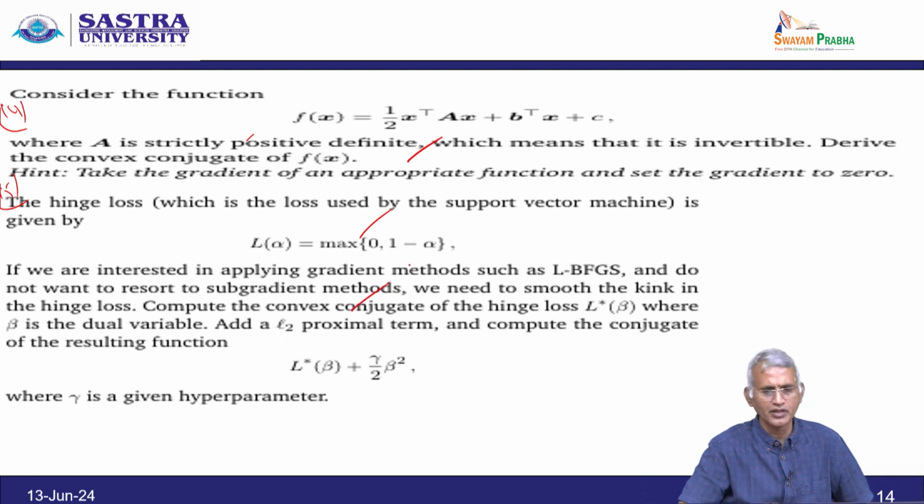Compute the convex conjugate of the hinge loss, L star of beta, where beta is a dual variable. Add an L2 proximal term and compute the conjugate of the resulting function L star of beta plus nu/2 beta squared, where nu is a given hyperparameter. These are all the problems you have to attempt so that you can get the idea of both probability and optimization.